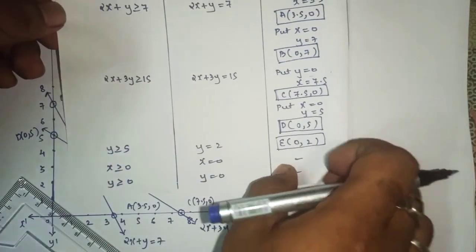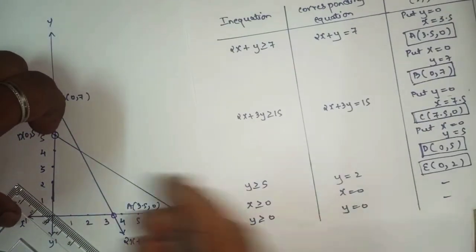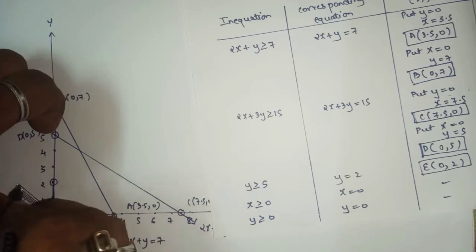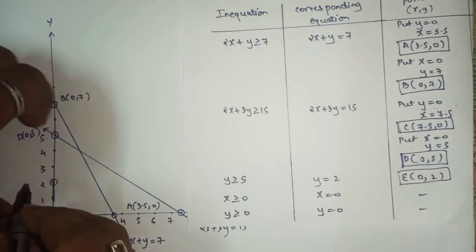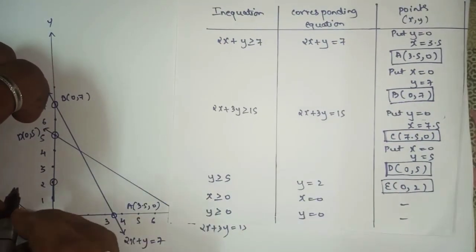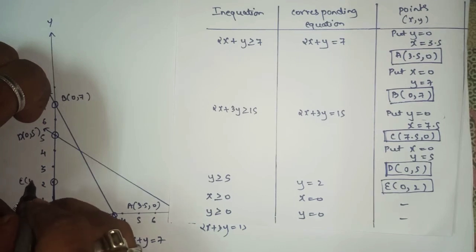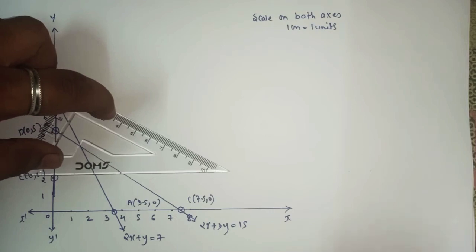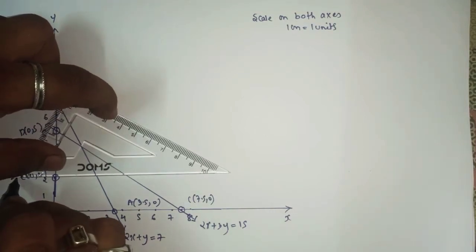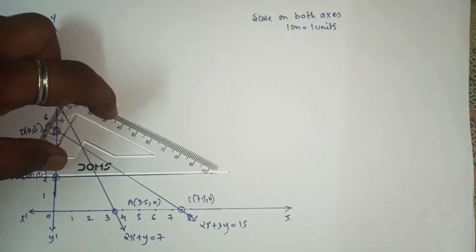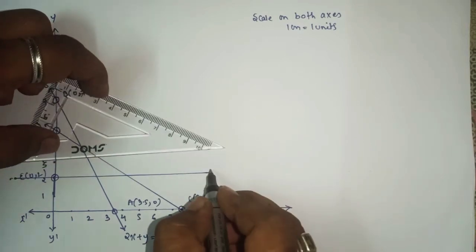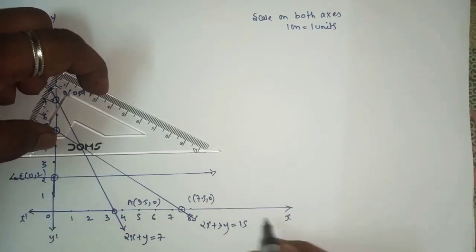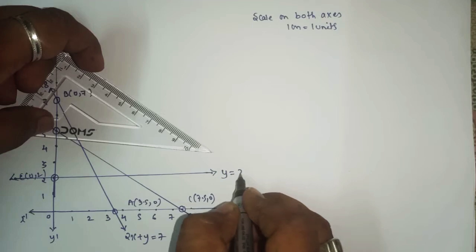y equal to 2. It means what, y equal to 2 means the line will pass through the y-axis, yes or no, but it will be parallel to x, so this is y equal to 2.